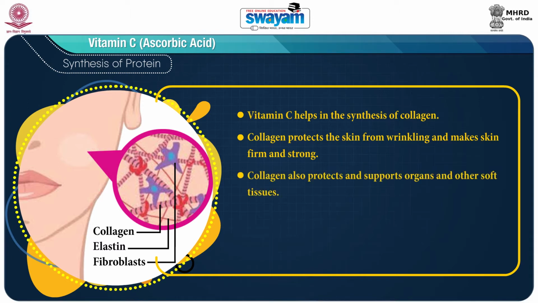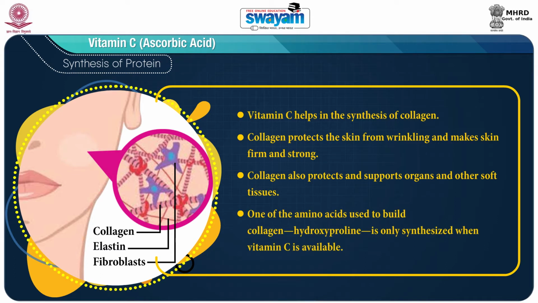Collagen also protects and supports organs and other soft tissues. One of the amino acids used to build collagen, that is hydroxyproline, is synthesized only when vitamin C is available, thereby highlighting the role of vitamin C in the synthesis of the protein collagen.